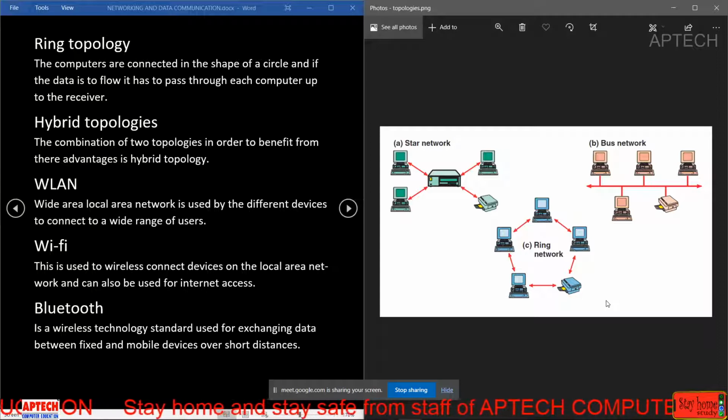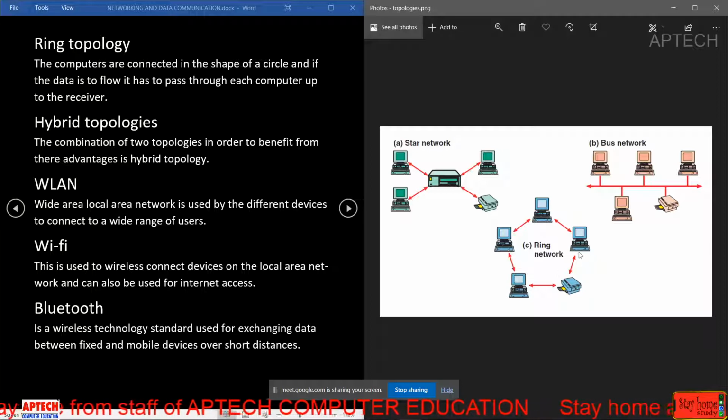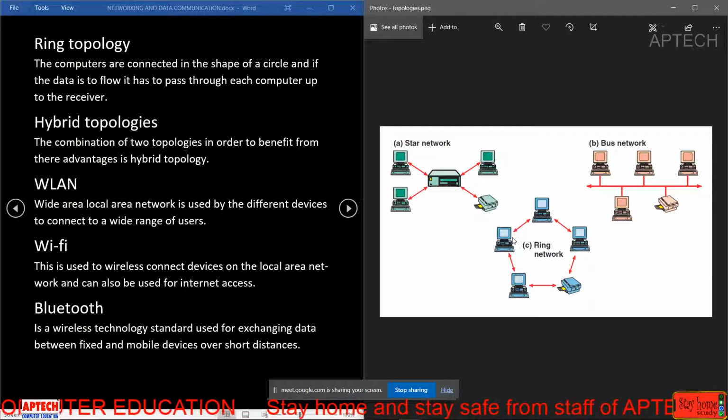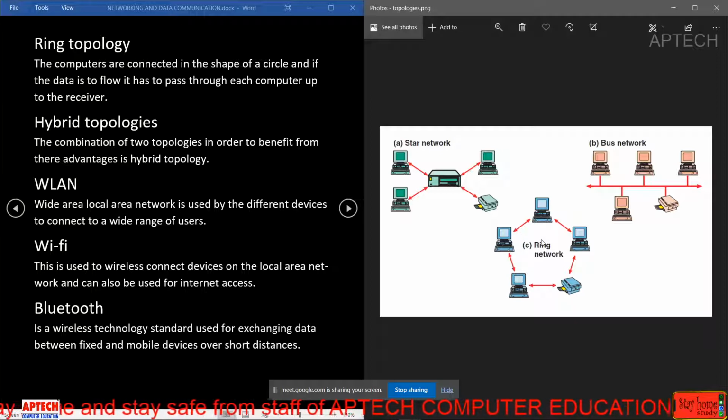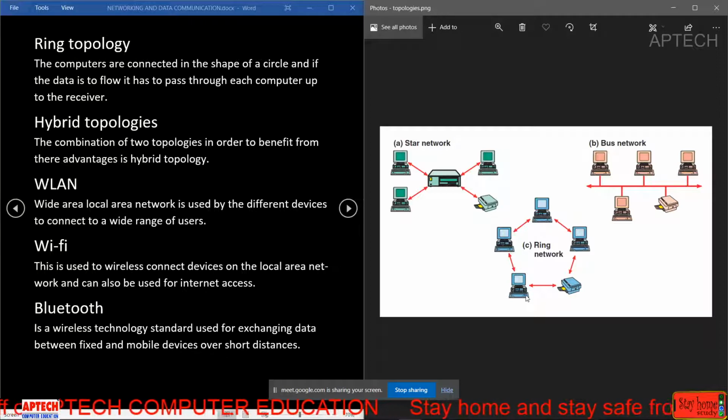So the thing with this one is if information is being sent from here to here, it will either pass through this area or go through this one, then this one, then this one. And if you cut off one from the stuff, just know you won't be able to access the information. You get the point?